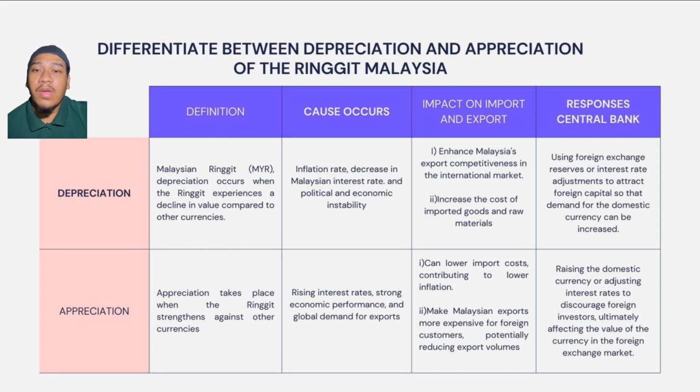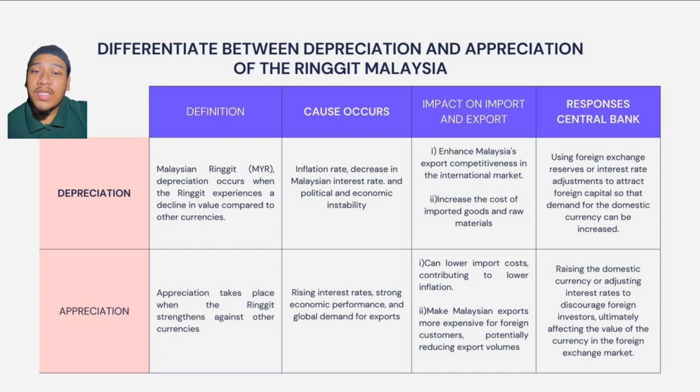Next, when there is depreciation, the central bank may take steps to stabilize the currency. This could involve intervention such as using foreign exchange reserve or raising interest rate to attract foreign capital, thereby increasing demand for the domestic currency.